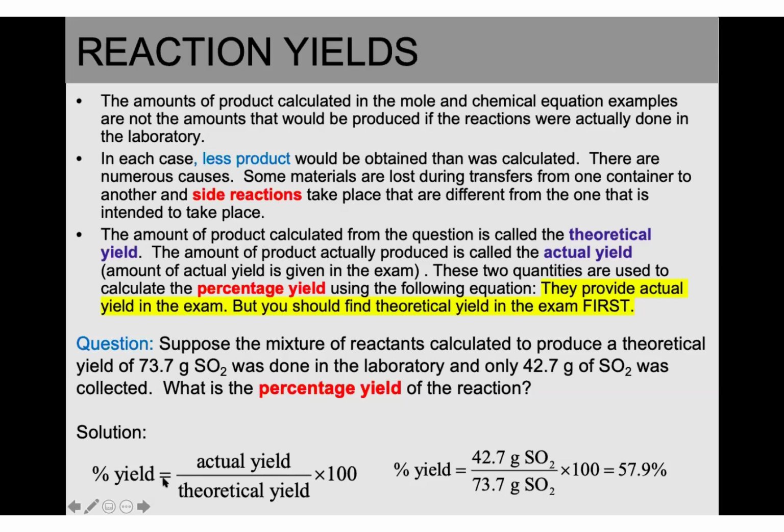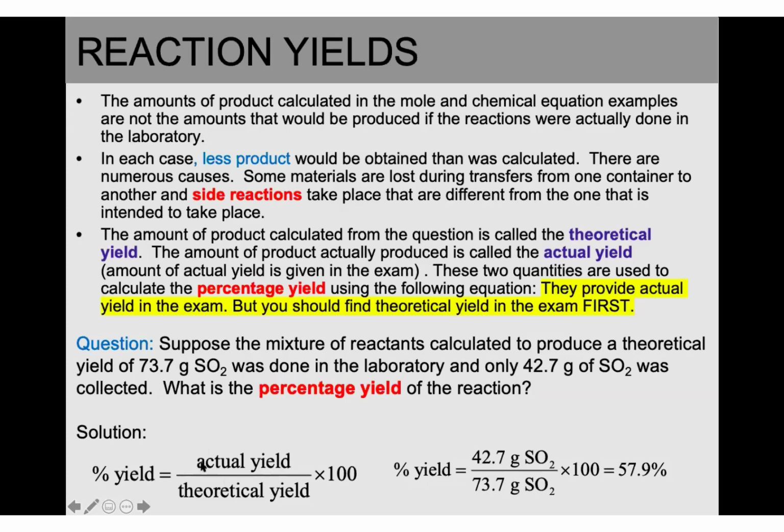Theoretical yield comes from relating the limiting reactant to the product. We can calculate it by having the amount of the reactants and relating it to the product. That's what I did in the previous slide.